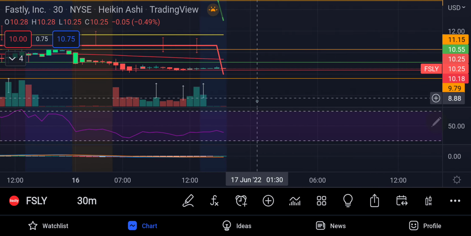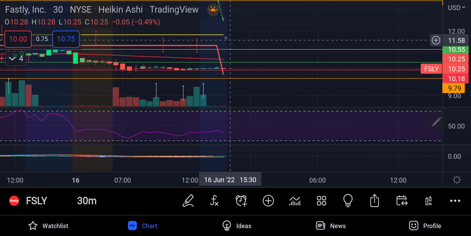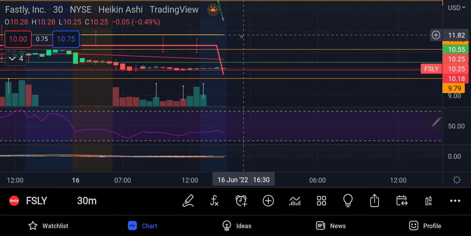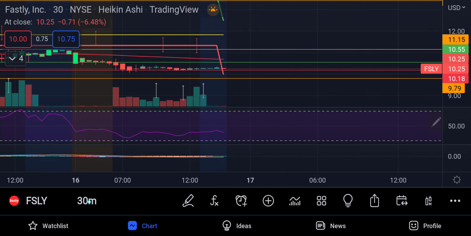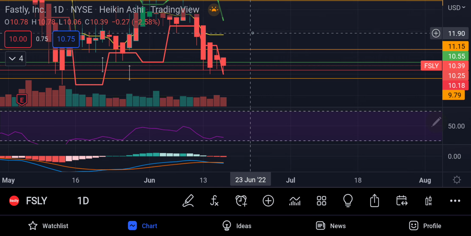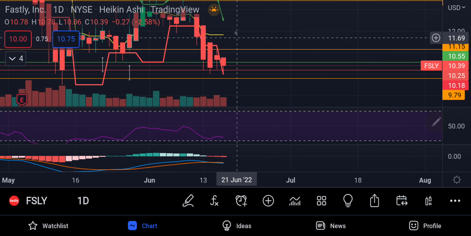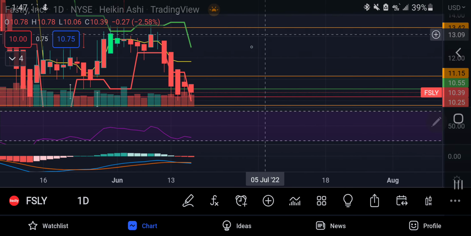On the 30-minute chart, this one doesn't work necessarily as well, but we want to see it break above this yellow line. And as you can see, that's clearly into our target price range. But let's take a look at it on the day chart. Still above, but I think once it breaks over that, it'll be a good indicator that it will continue swinging up into our second price target.